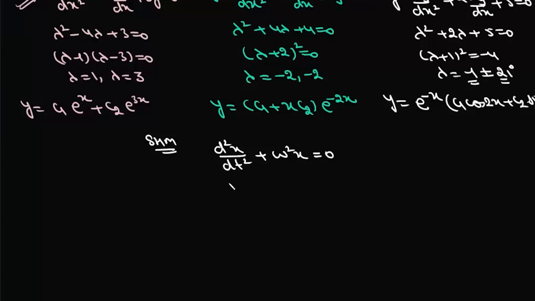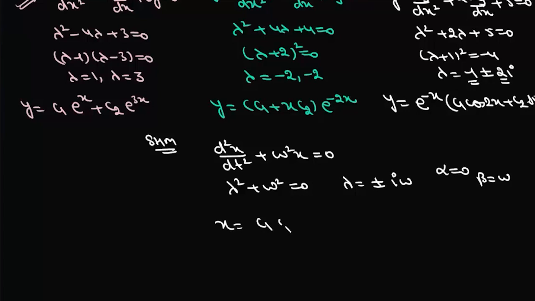So if we write its characteristic equation, we can write lambda square plus omega square equals to 0, or lambda will be plus or minus iota omega. Now here alpha is 0 and beta is omega.